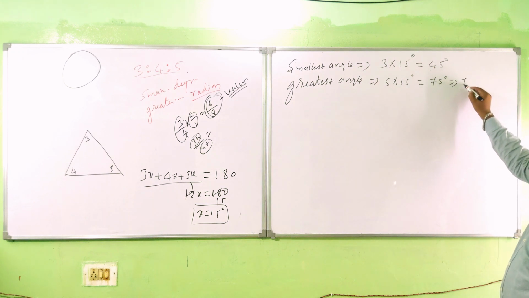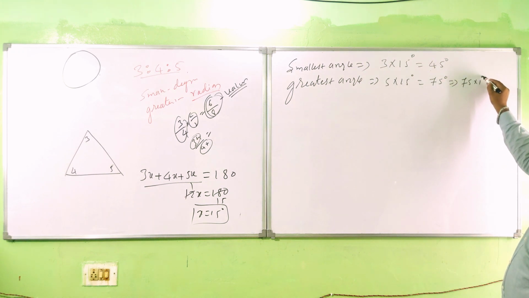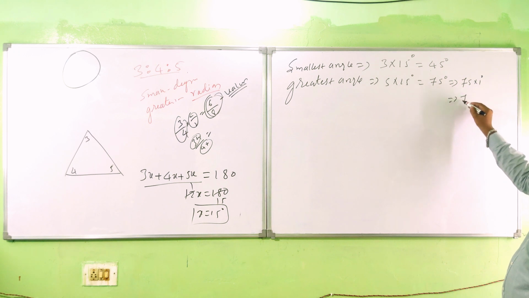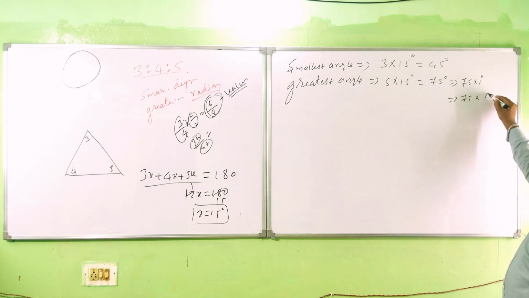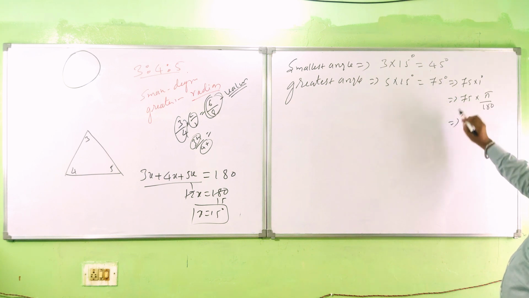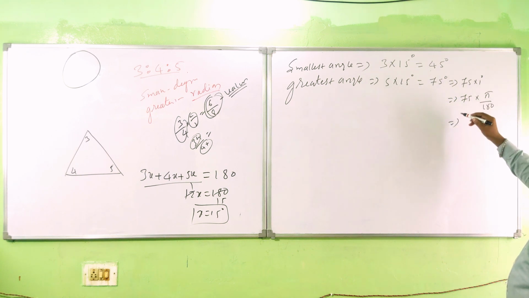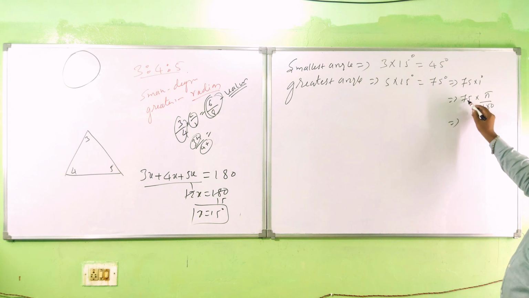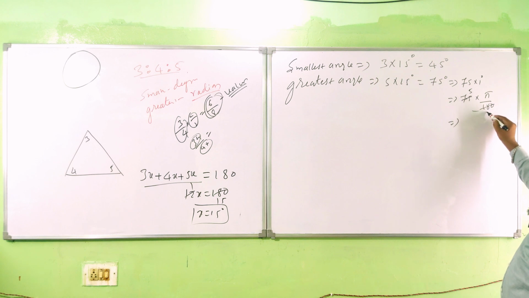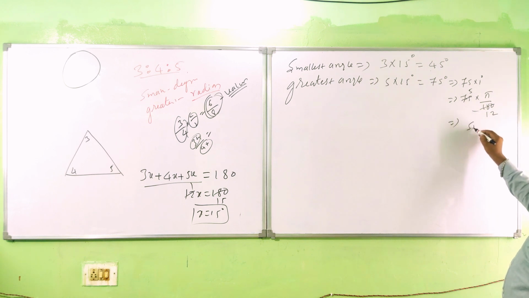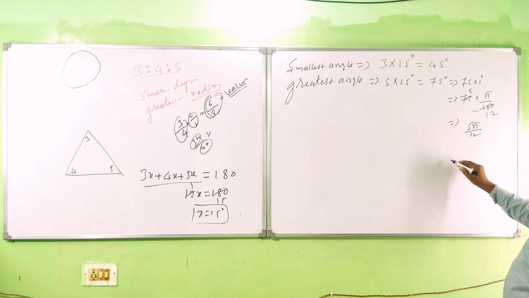Now in radian, this becomes 75 into 1 degree, which is equal to 75 into pi by 180. This gives 5 pi by 12.